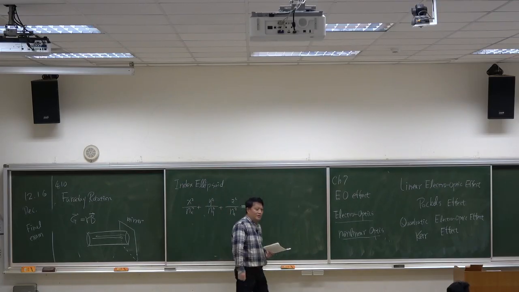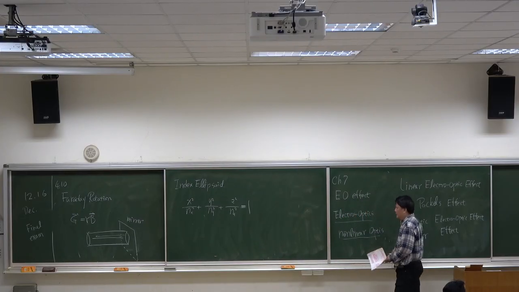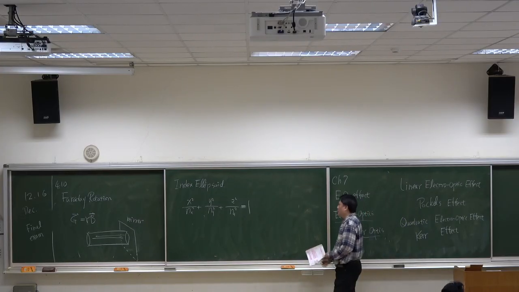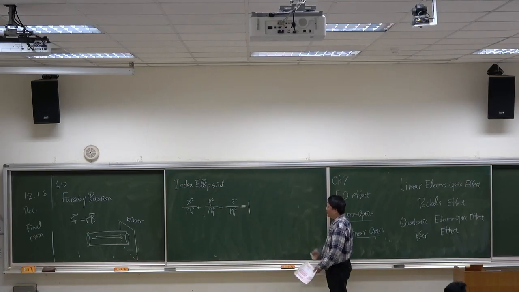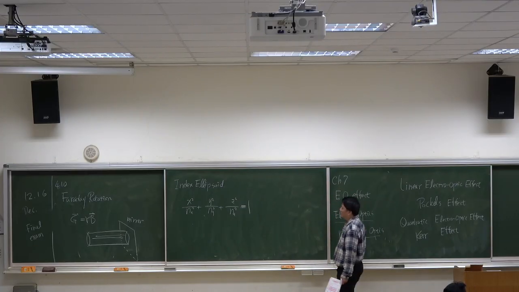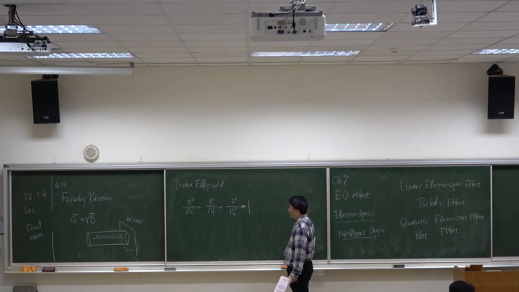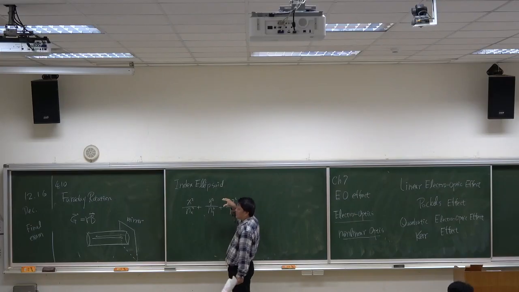We can use the index ellipsoid to find the polarization of the light and the propagation direction, and how to predict the phase of the polarization state.